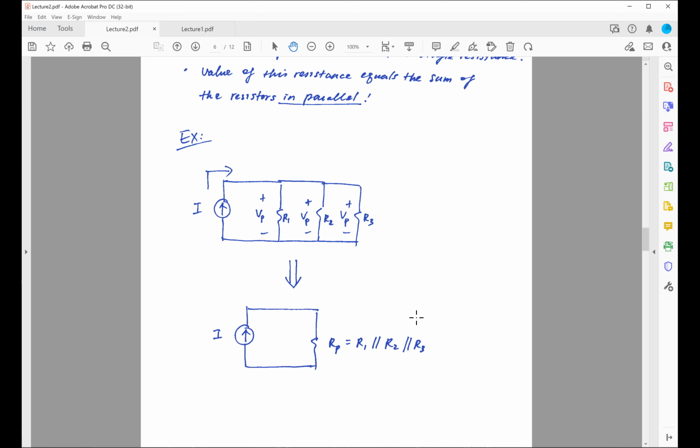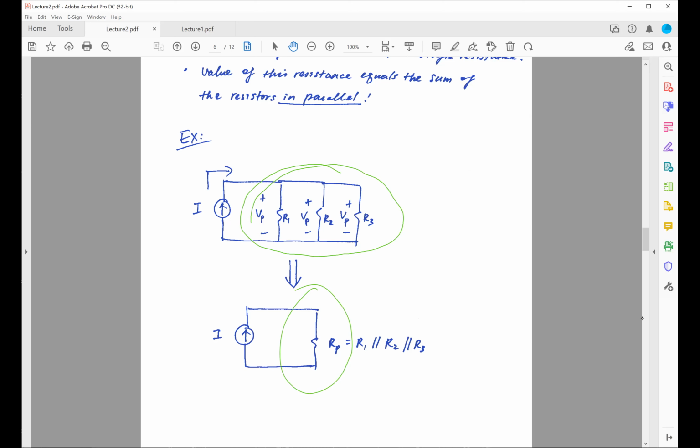So as an example, the goal is to simplify R1, R2, and R3 in parallel into one single resistor, which I call RP. P stands for parallel.